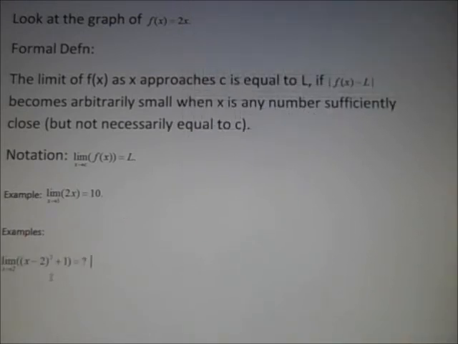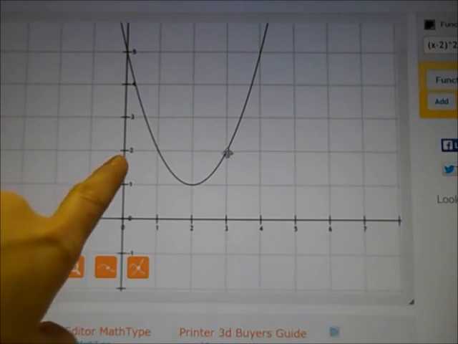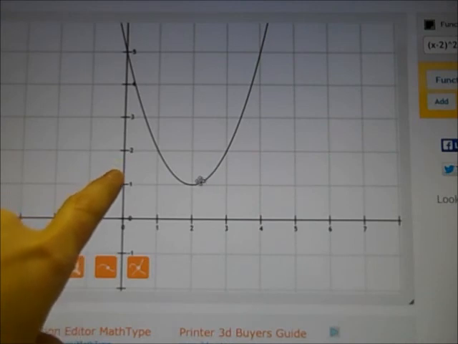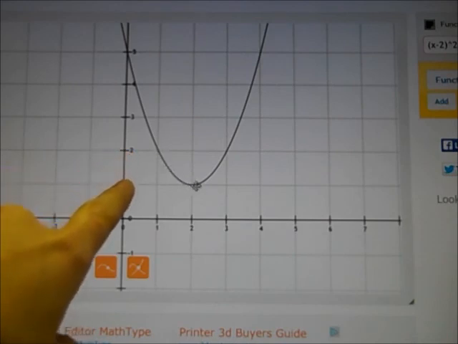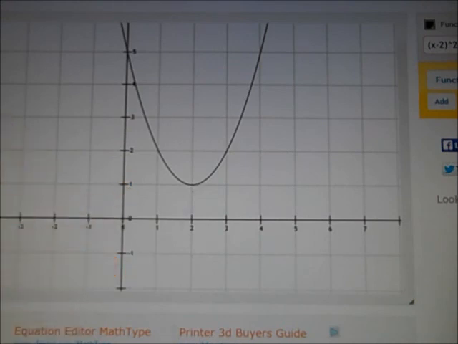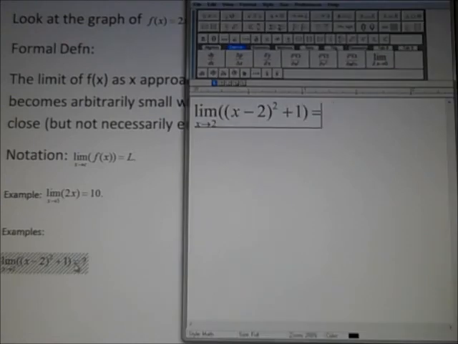I've already graphed this for you, so here's the graph of that. As I approach 2, let's see what happens. Well, from the right, so start over here, what are my y values doing? So here's my current y value. As I approach 2, so this cursor is getting closer to 2, my y values are doing what? They're decreasing to 1. What about from this side? If I start here, here's about where my y values are. As I get closer and closer, what are my y values doing? Going to 1. So we would say the limit of that function as x approaches 2 was equal to 1.